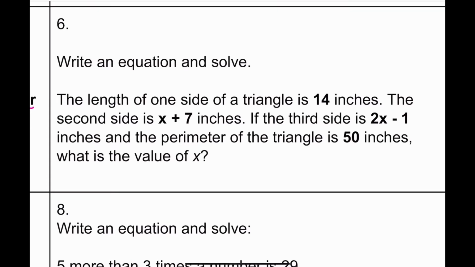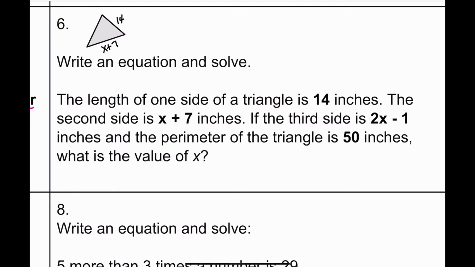For number 6, we want to write an equation and then solve for x. The length of one side of a triangle is 14 inches. Okay, let's draw a triangle. The length of one side is 14. The second side is x plus 7.